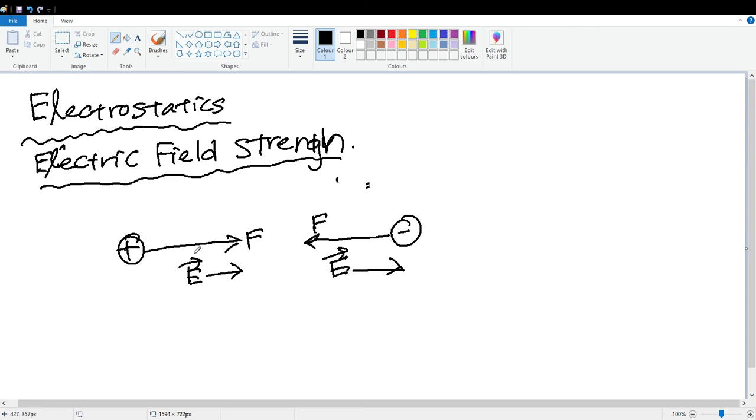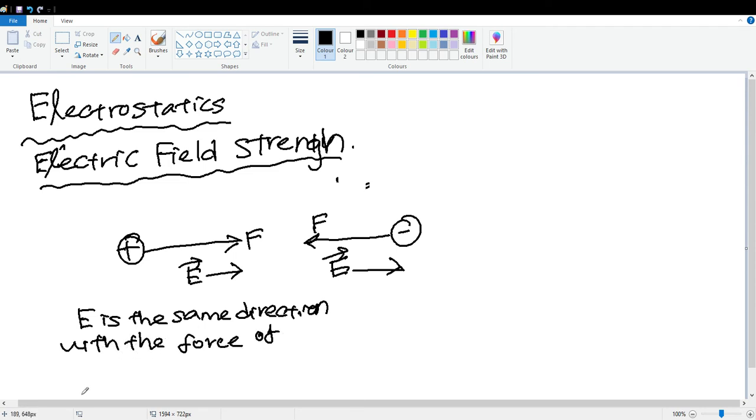Okay, so this is the definition. This is how we determine the electric field strength exerted on both the positive charge and the negative charge. So let me write down the statement here. E is in the same direction as the force of the positive charge.